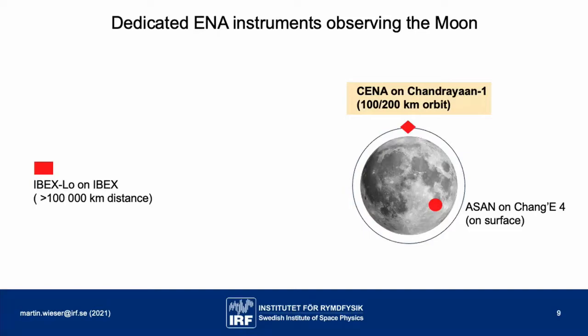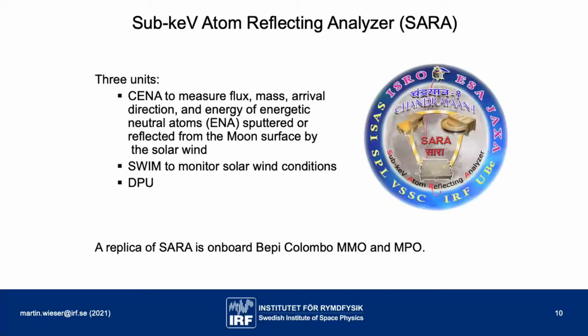I will describe a typical ENA instrument using the example of the CENA instrument on Chandrayaan. The CENA instrument on Chandrayaan is part of an instrument package called the Sub-keV Atom Reflecting Analyzer, or SARA. SARA consisted of 3 units: an ENA imager, a solar wind monitor, and a common DPU.